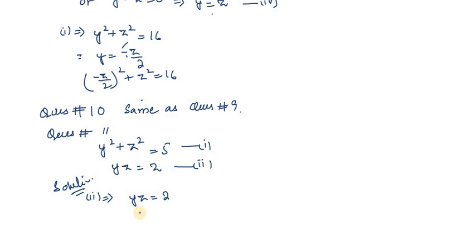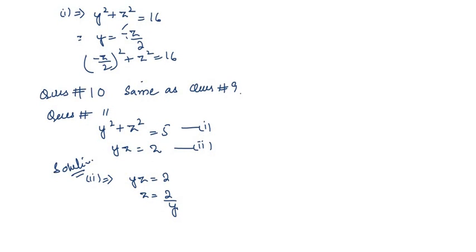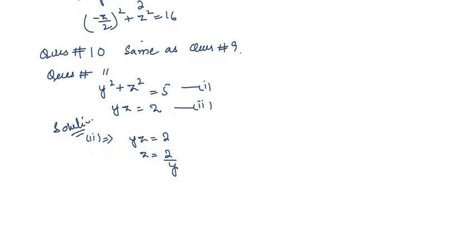From here, solve this for z is equal to 2 upon y, and put the value of z in equation number 1 and get the value of y. Simply, equation number 1 implies y square plus z, the value of z taken from equation number 2, 2 upon y, the whole square is equal to 5.